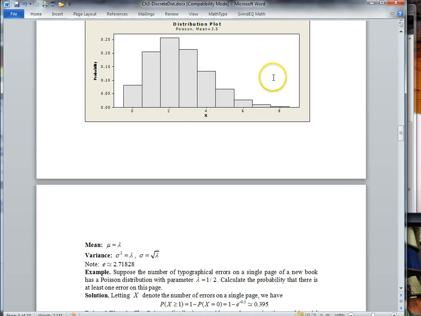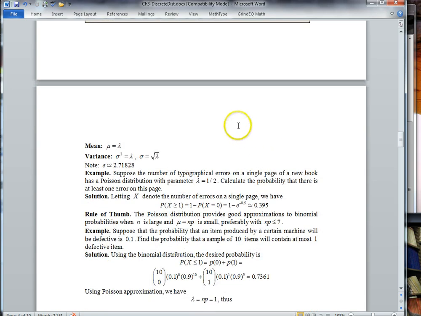But if I use the complement, because the area under this curve is always 1 if it's a probability distribution, then if I compute the probability of 0 and take 1 minus that, it will give me that sum. So that's what we have here, 1 minus p of x equals 0. If you use the formula, this will give you 1 minus e to the minus half, and then using your calculator it would be 0.395.